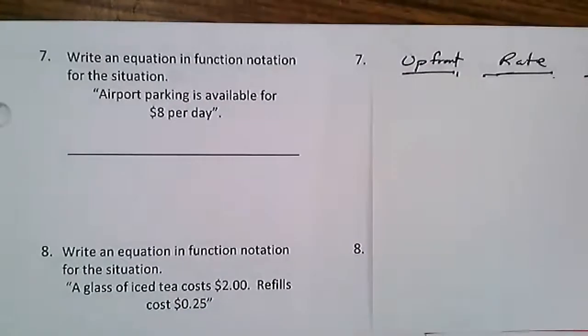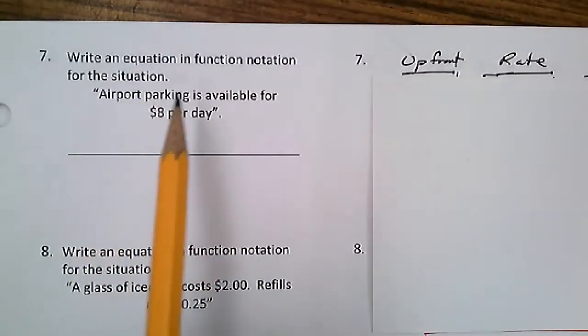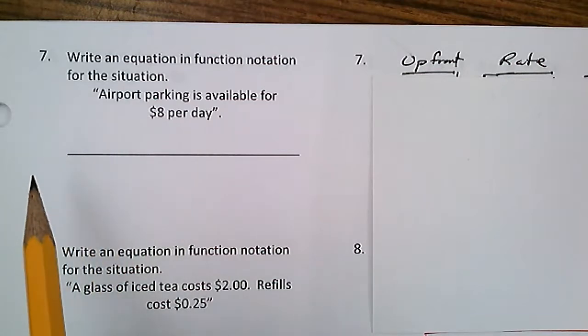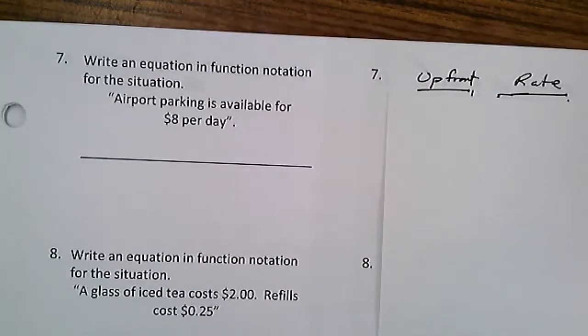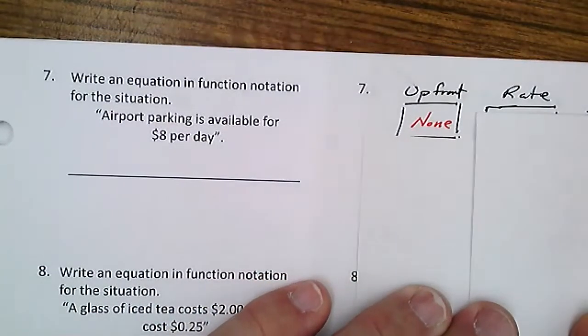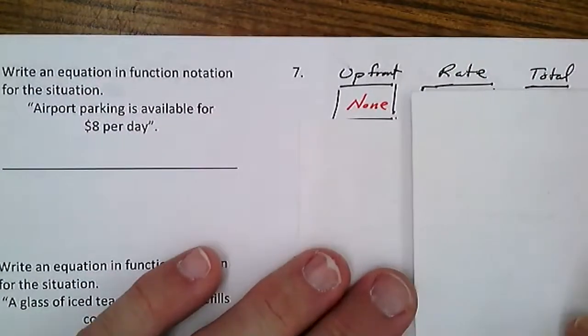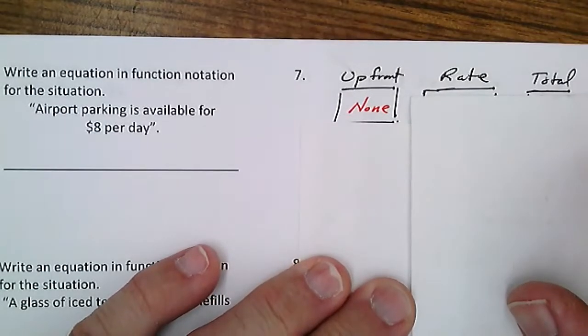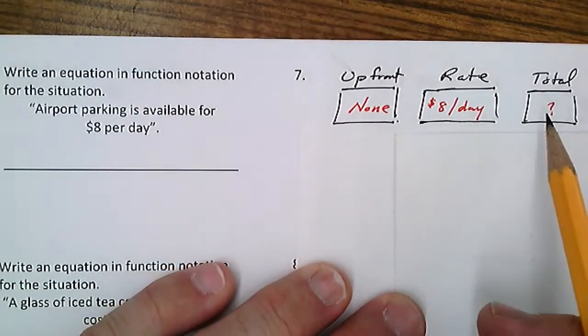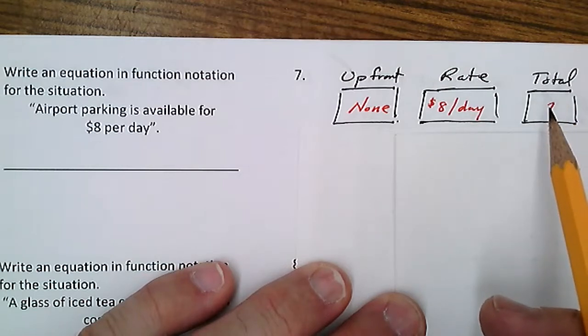Does it say you have to pay like $50 before you can park there? No, so the upfront amount would be none. And then what's your rate? Your rate is the $8 per day, and we don't know the total.